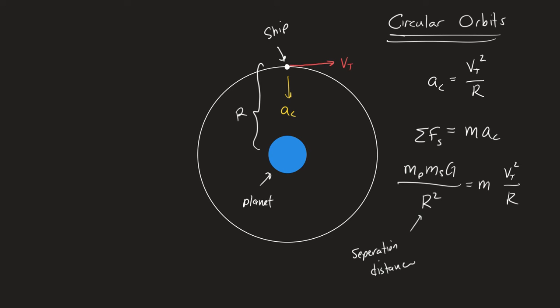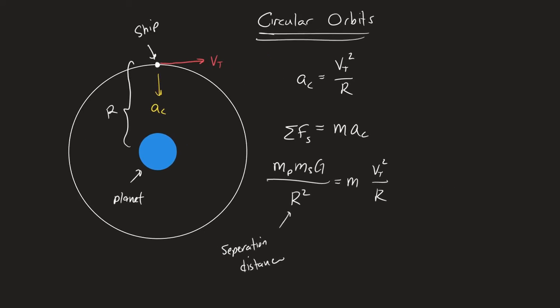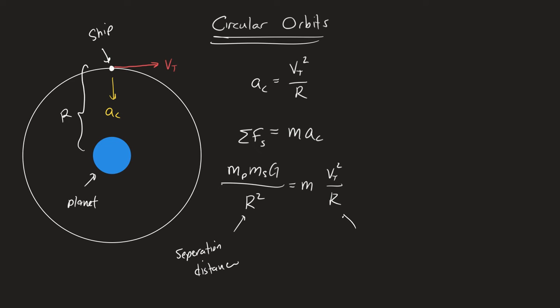Now, what r is that? Is it the separation distance? What word would I normally use here? Radius of curvature. Same letter, different meanings.